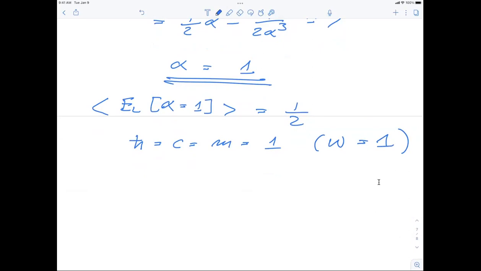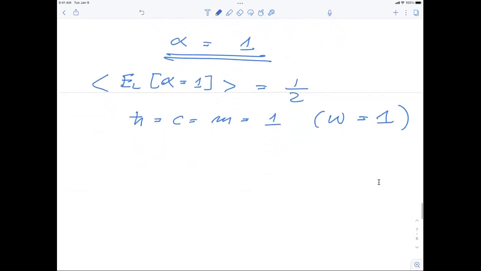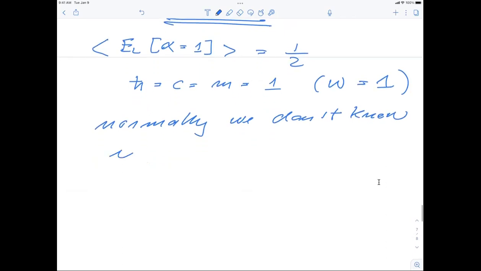Now, there's another important ingredient. So normally, we don't know the exact wave function, psi of t, or rather the exact wave function. So let's just put exact on that one.